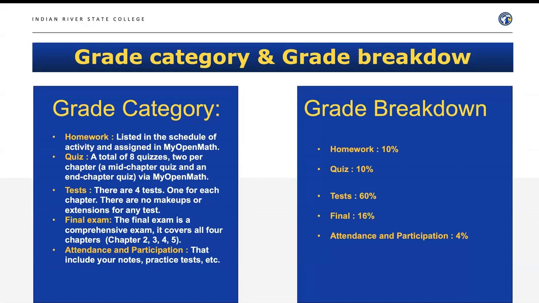That means if you quickly do your homework and get it done without learning, and your quizzes, well, you're going to show me how you get 100 on all your homework and quizzes, and how you're going to get the grade you want on your test if you did not study for it, because your test is the only proctored assignment. And the final exam is also one, so that's 76% of your grade.